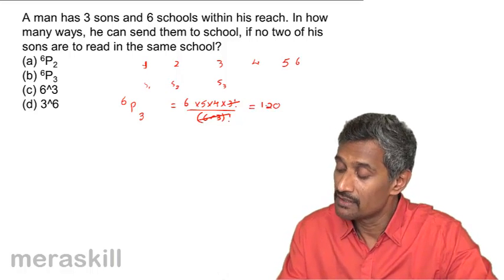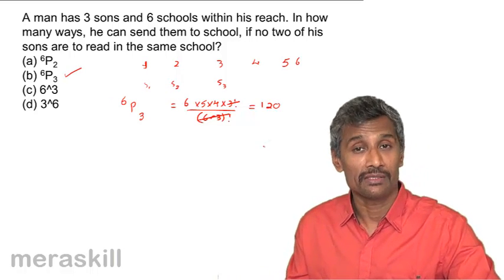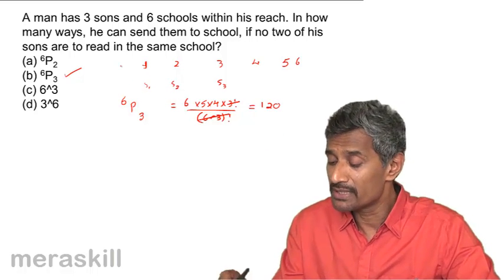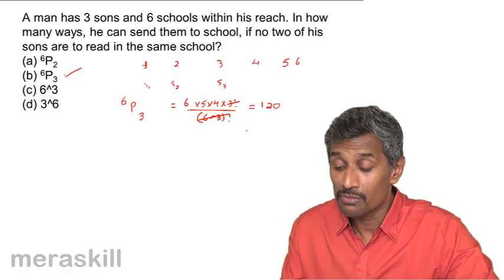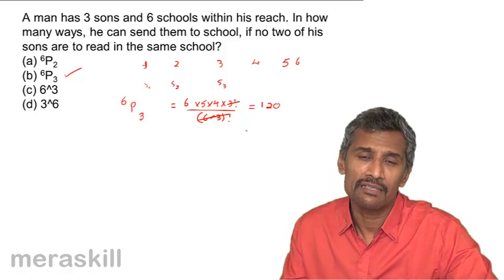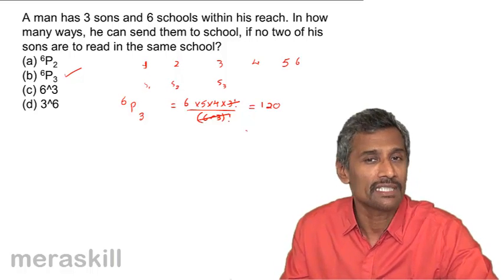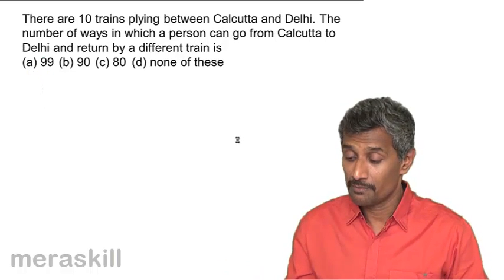That is, among these, the answer is going to be 6P3. So he is selecting 3 schools ultimately out of 6. So the question looks a little deceptive because there is one more additional number, 3 out of 3. So you should understand, which eventually means, translated, you have to select 3 schools out of 6. That's what it means. And we do have it as 6P3.